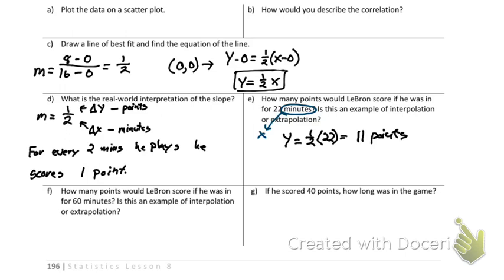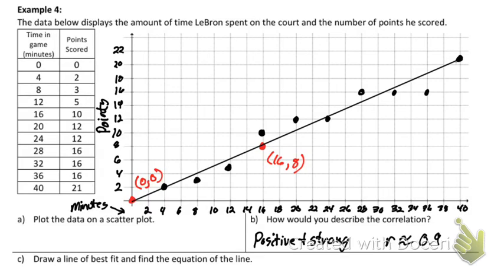Now let's talk about that next question. The next question asks, is it interpolation or extrapolation? You have some information about that above this, but we're going to talk about it within our data. Interpolation is data that is found within the data points given to us. So if you look here, the lowest time given to us is 0 minutes.